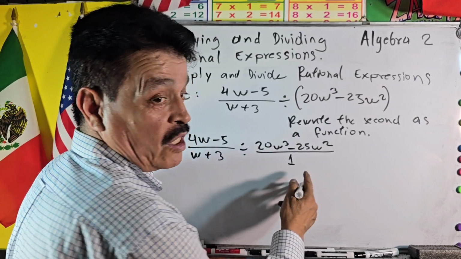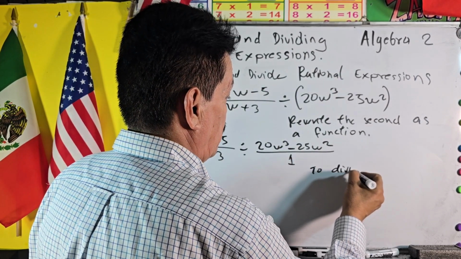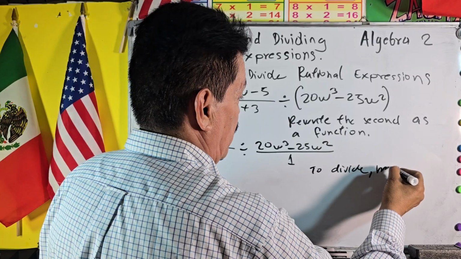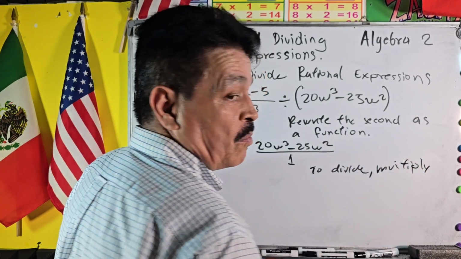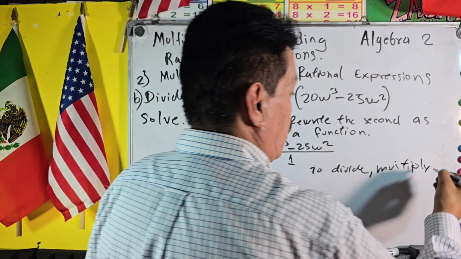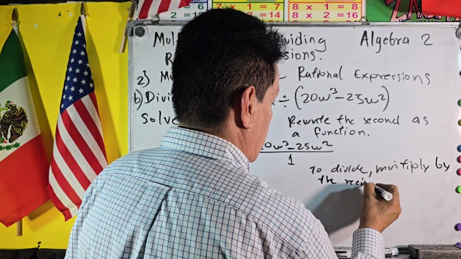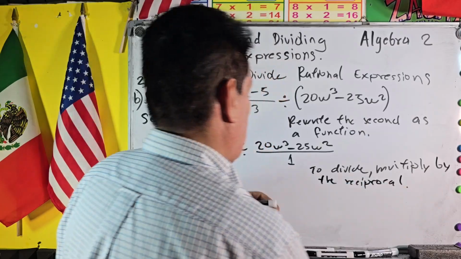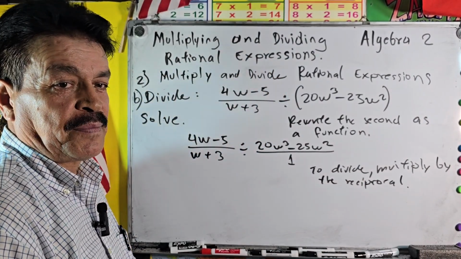So next step, to divide, multiply by the reciprocal. So we have to switch, right?